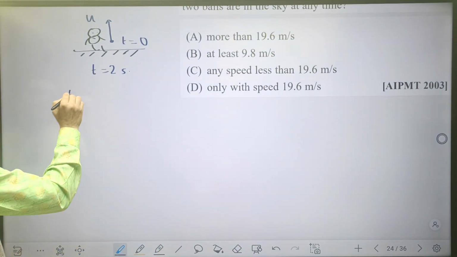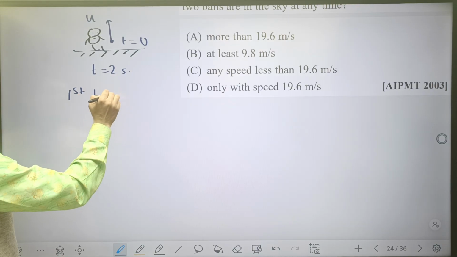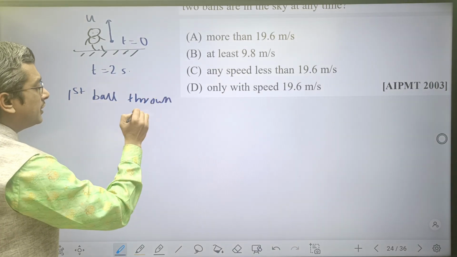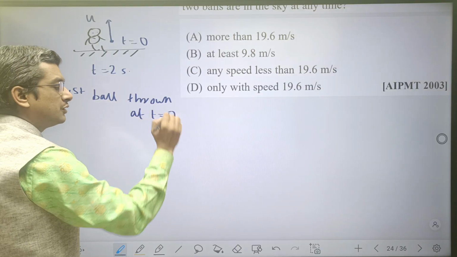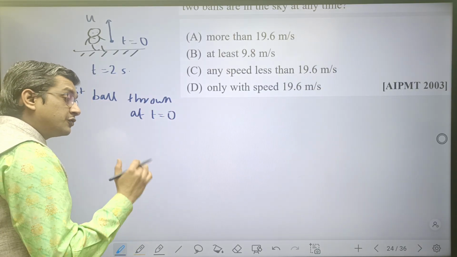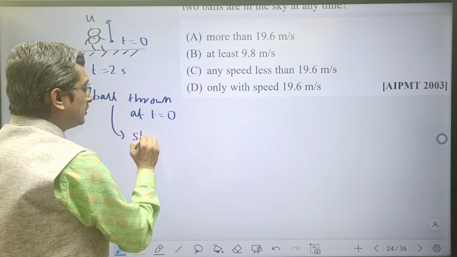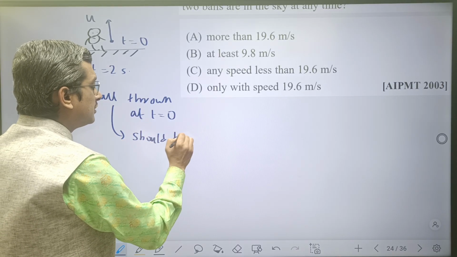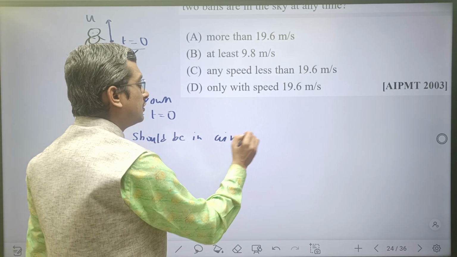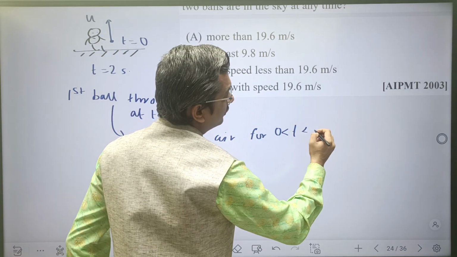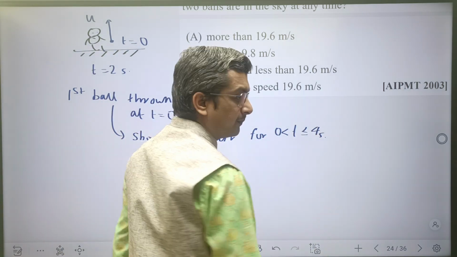So if I talk about the first ball which is thrown at t equal to 0, this first ball should be in the air for t greater than 0 and less than or equal to 4 seconds.